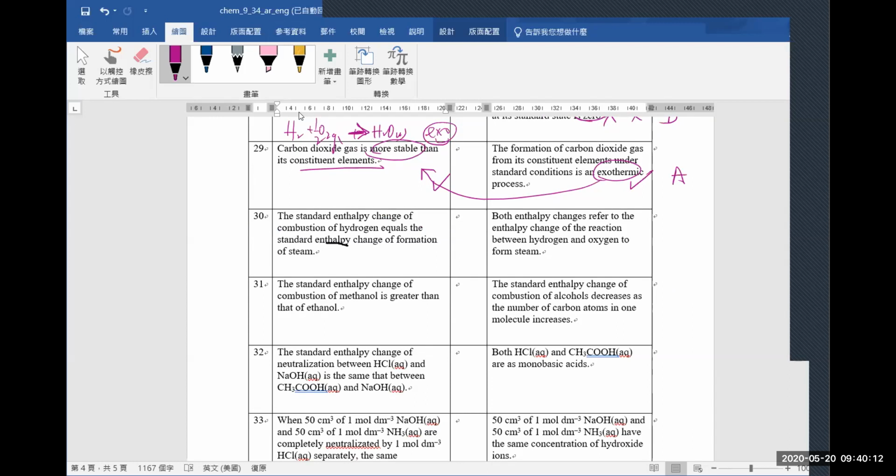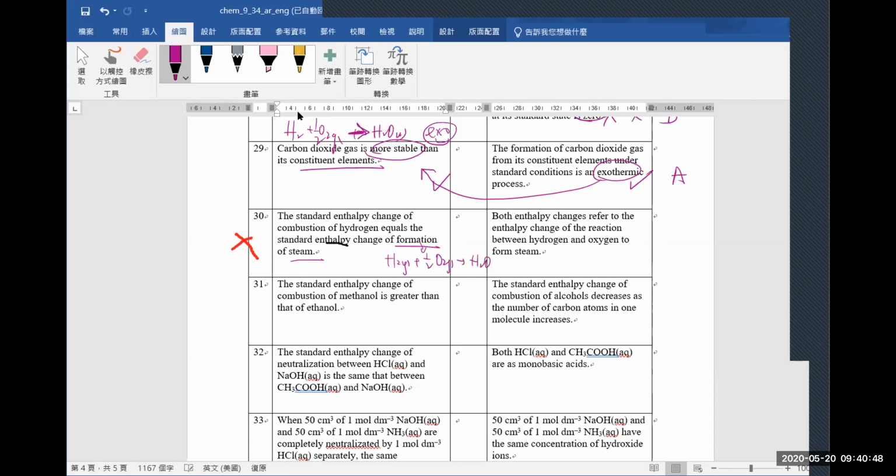Agree? How about the others? You say that is A. Do you write down steam? Hongao, what do you think? Steam. Formation of steam. For these questions, you are going to refer to this.